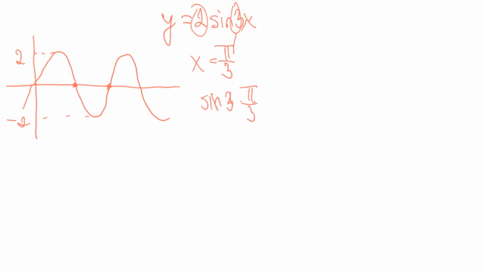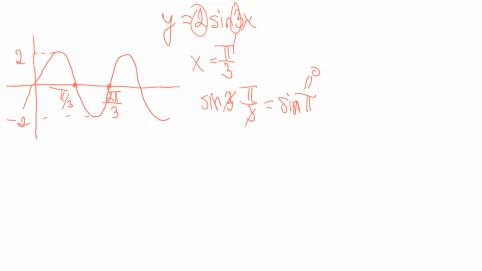It simplifies and I get sine of pi, and I know that sine of pi is equal to 0 because that's 180 degrees. So this point here will be pi over 3. And of course, symmetrically, this one is twice greater, it will be 2 pi over 3.